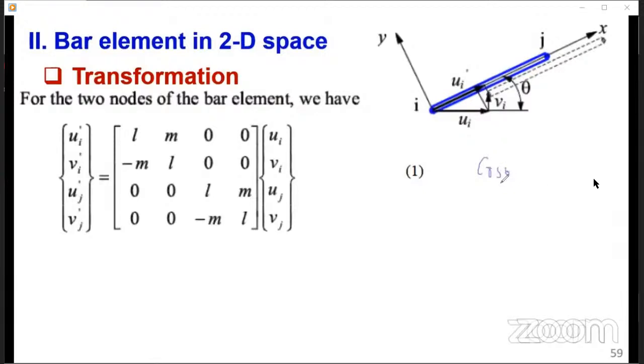Cos theta you can denote with the notation L, and sine theta with the notation M. The directional cosine cos theta is equal to xj minus xi over L, the length of the member. And sine theta, which is equal to M, is equal to yj minus yi over L.